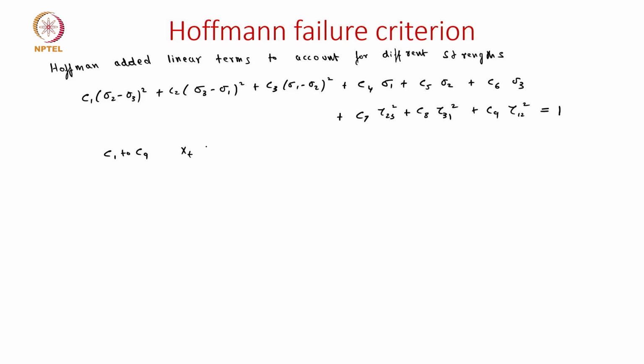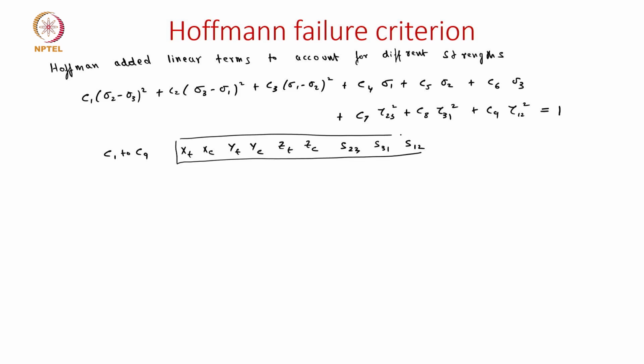These are XT, XC, YT, YC, ZT, ZC, and similarly shear strengths S23, S31, and S12. So we have 9 unknowns in this expression, C1 to C9, which are related with the 9 strengths.